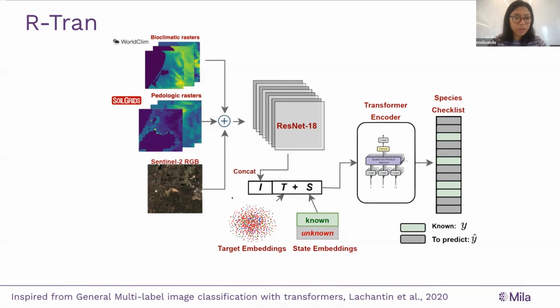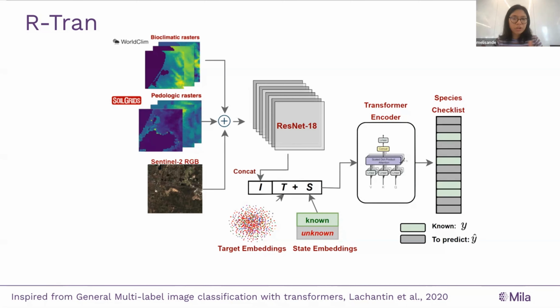So you have an image encoding, but then we use these embeddings that they have in C-Tran, which basically say that for the set of species that you're considering, their state can be known or unknown. And known can be either present or absent.